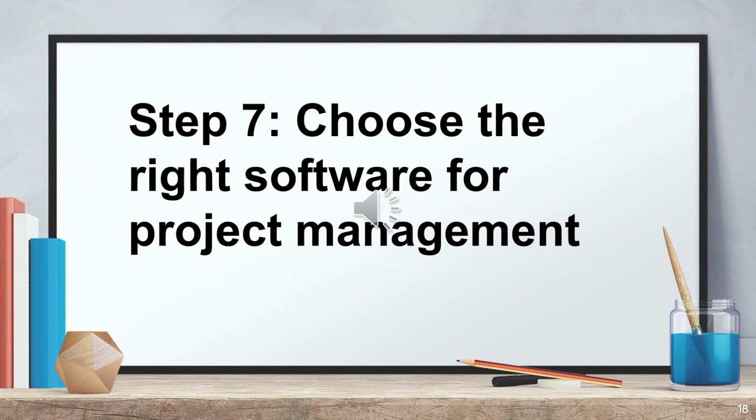Let's proceed to step 7. Choose the right software for project management. Behind every successful project, there is a stable and comprehensive software solution that provides the necessary background for effective project realization.